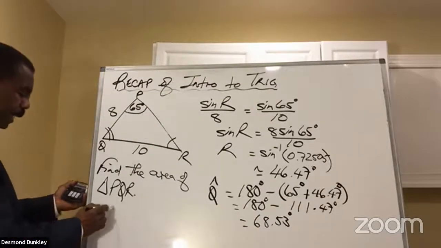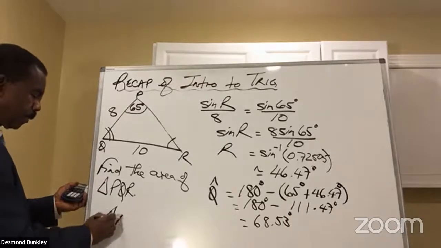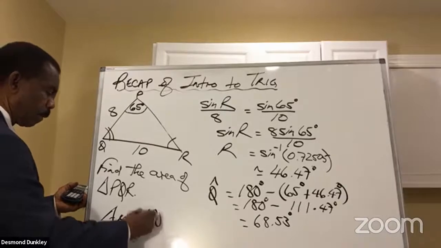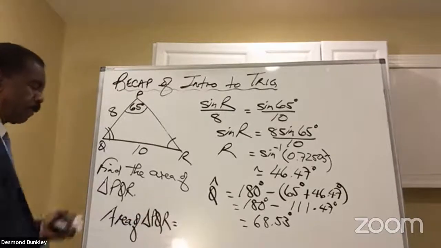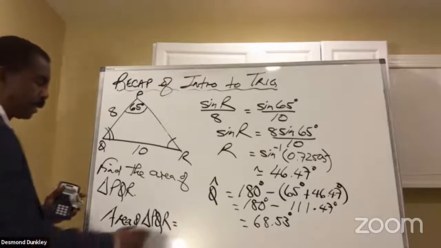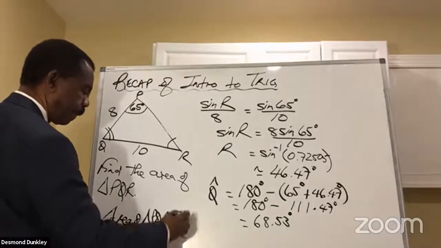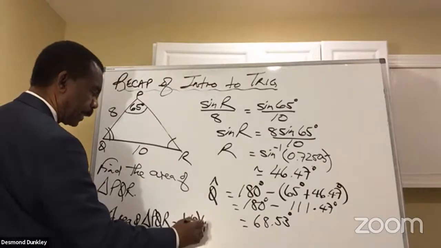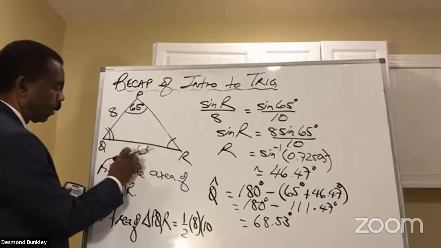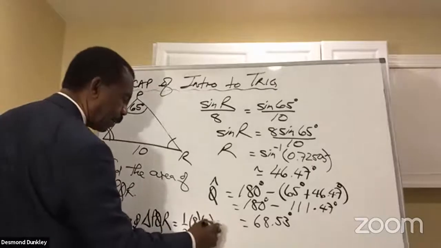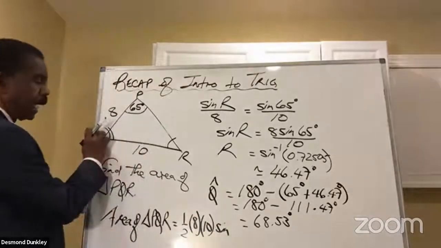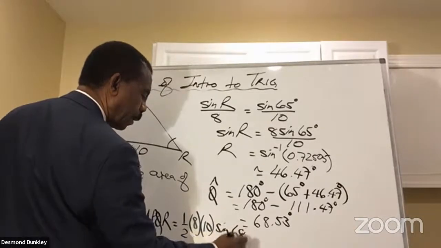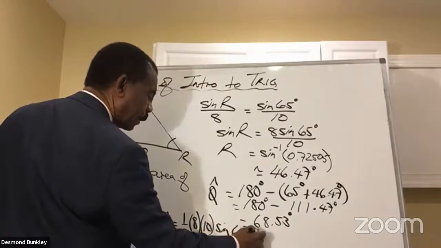We are now able to find the area. Area of triangle PQR is going to be a half times 8 times 10. So these are the two sides we're working with. Sine of this angle Q, which is 68.53 degrees.